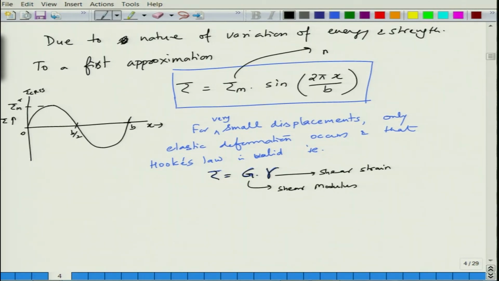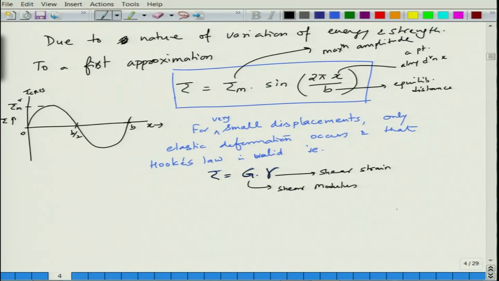Tau m is the maximum amplitude, 2 pi is the period, x is any point along direction x, and b is the equilibrium distance over which a complete cycle happens.